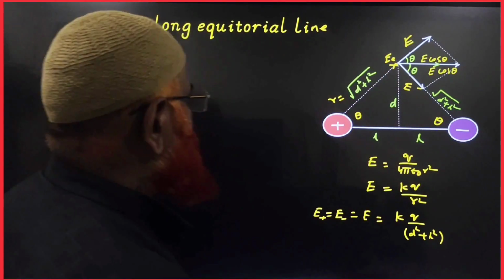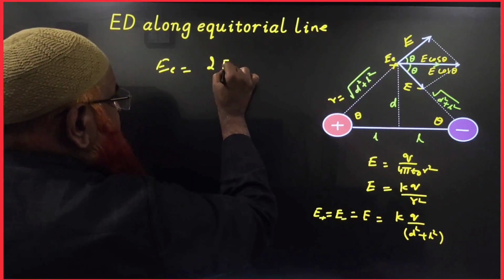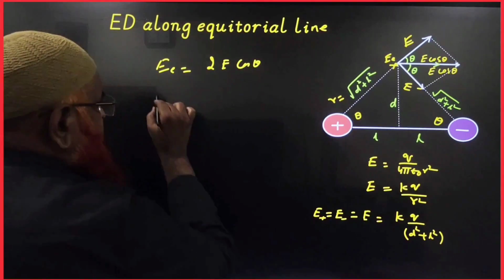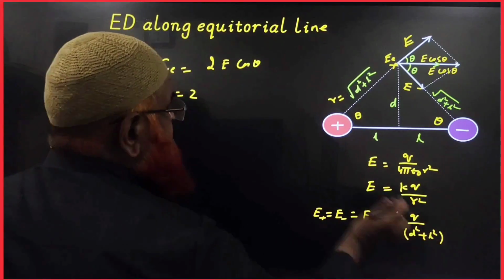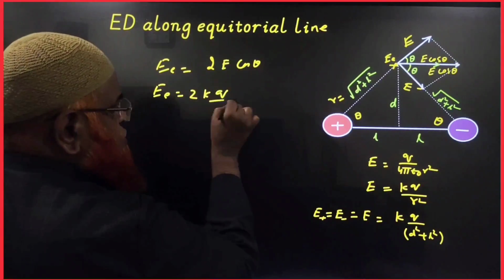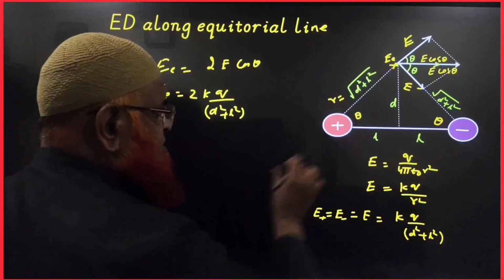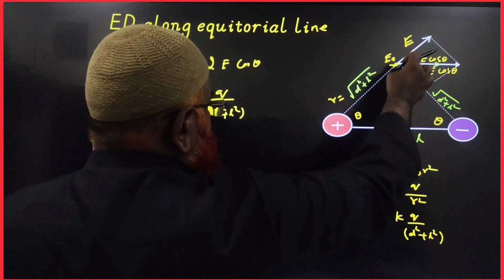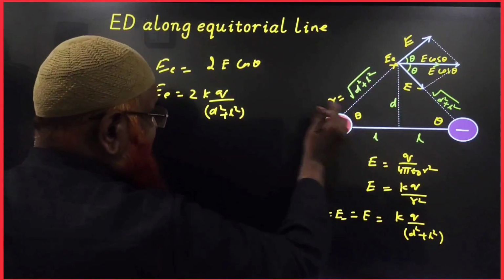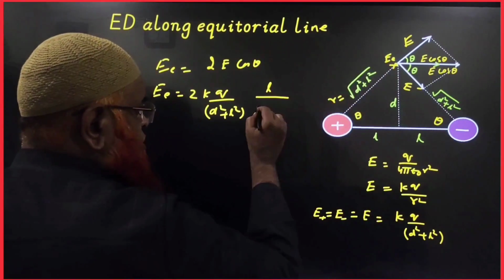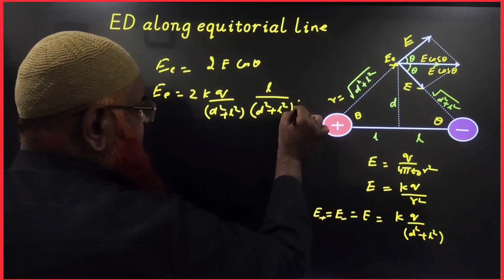Therefore, E along the equatorial line is considered as, you have to add these two, which can be written as 2E cos theta here, okay. So E along the equatorial line is taken as 2E cos theta. E is nothing but this value, that is K Q by d square plus L square, isn't it? Cos theta means you have to take this cos theta, because these two angles are the same, so cos theta is the adjacent side, which is L, and the hypotenuse, which is the square root of d square plus L square, that is, L over d square plus L square to the power 1 by 2.